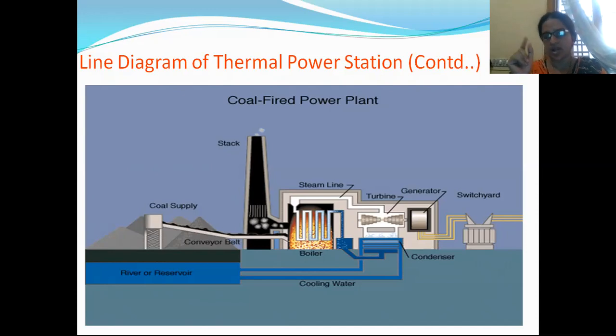In the condenser we have exhausted steam which is coming from the turbine. This exhausted steam will obviously be at very high temperature.